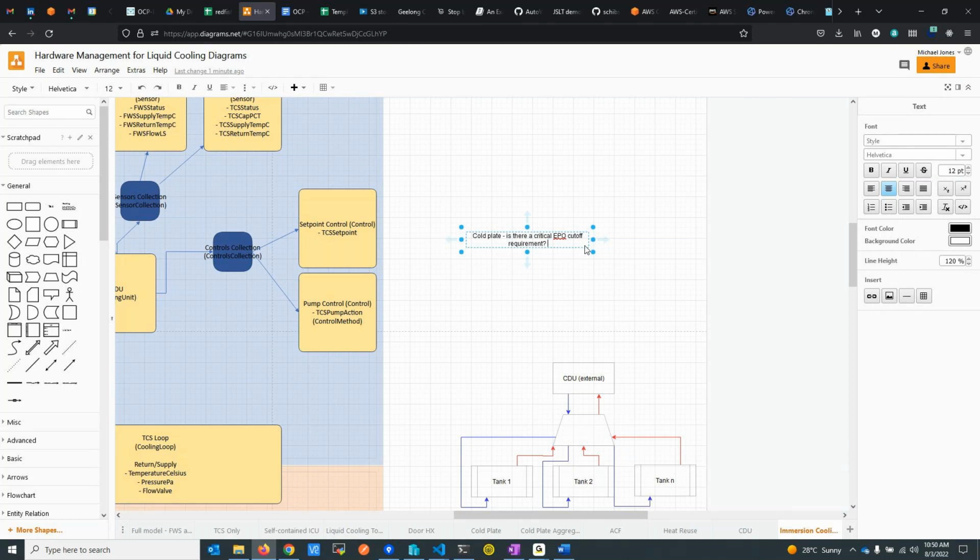I'm not sure of the exact reason, but it's the equivalent of the big red button, right? It's the EPO. So in an air cooled rack, is there a control like that? Is there a control where if the server temperature goes beyond critical, the PDUs shut down? Is this a practice?